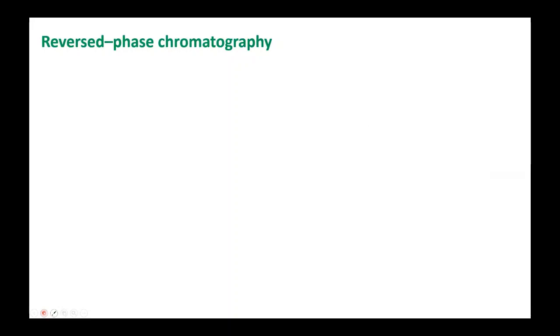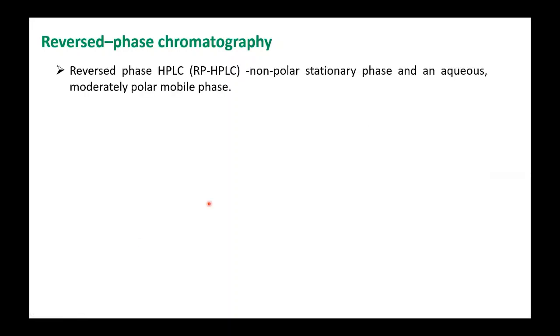So in reverse phase chromatography, a nonpolar stationary phase and an aqueous, moderately polar mobile phase are used in reverse phase HPLC. So remember, it is just the opposite to normal phase. Here the nonpolar stationary phase is used and an aqueous, moderately polar mobile phase is used.